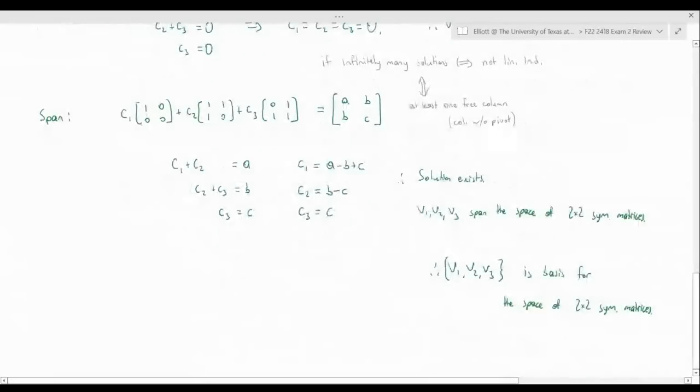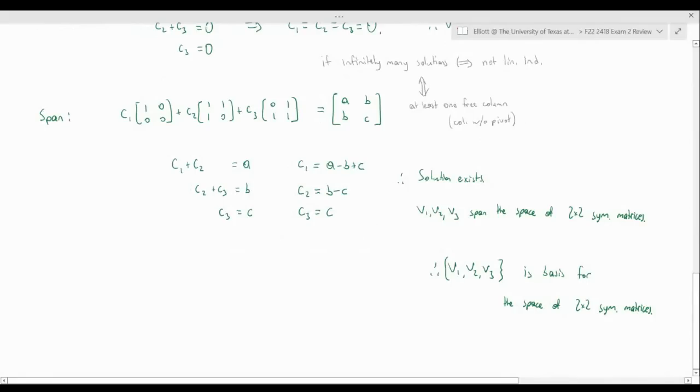For span, what you want to be looking out for is, to span, that means that a solution needs to always exist. Okay. And that's going to be no matter what you have on the right-hand side, because the right-hand side is going to be arbitrary when you're checking for span.